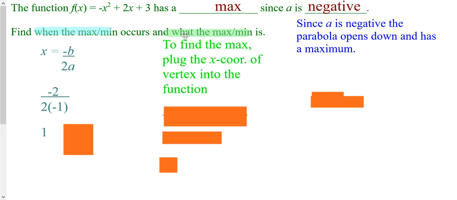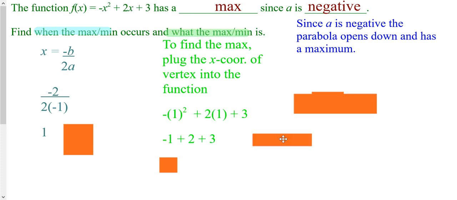Now, to find what that max or min is, all we have to do is take that x coordinate and plug it in to find the y coordinate. So take 1 and plug it in for each one of your x's here. And we get 4. So your maximum value is 4. It happens to occur when x is 1.